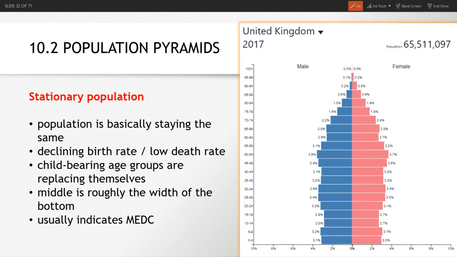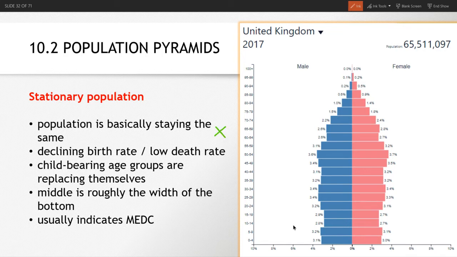So if we look at the other side of this, you could have what we call a stationary population. And this would be closer to your stage 4 of demographic transition. And it's just a matter of degree, really, that distinguishes the stages here. If we look at this population pyramid, we'll see that the population is staying roughly the same.